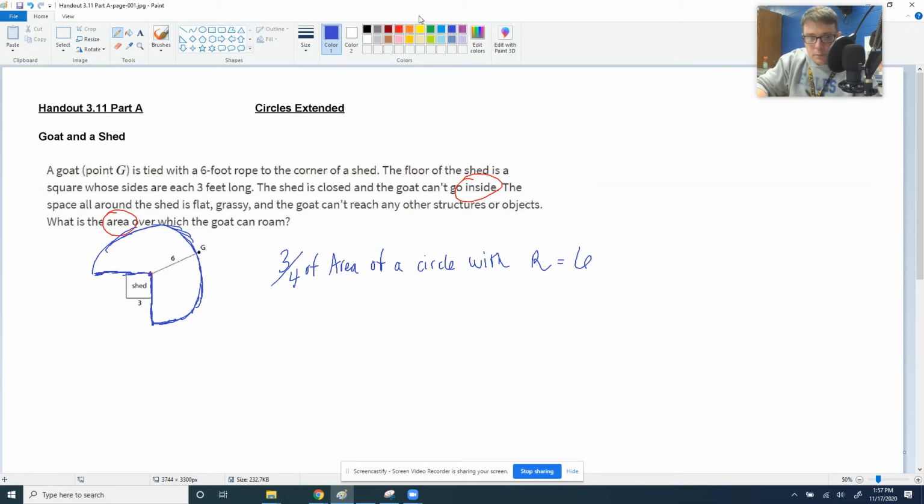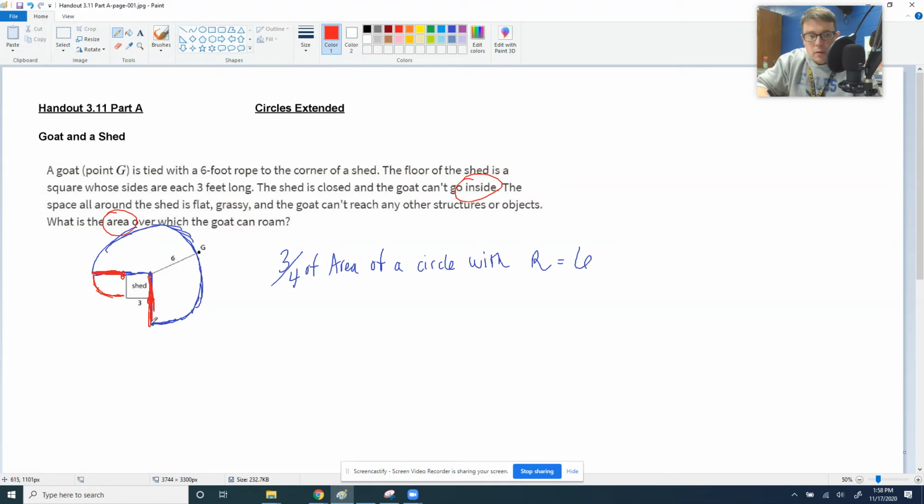When that rope arrives at this corner, it goes down, it's not going to be able to continue this pattern and close off this circle. The shed is going to have a different effect. When that corner hits, we have a new circle that creates a new pattern that has a new radius. And whenever that rope hits that corner, it's only going to be allowed to go this far.